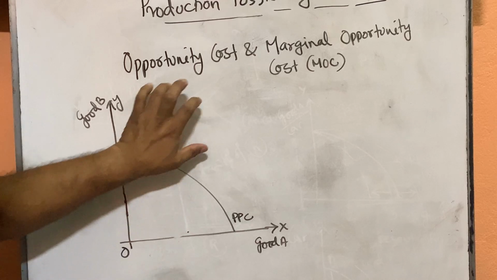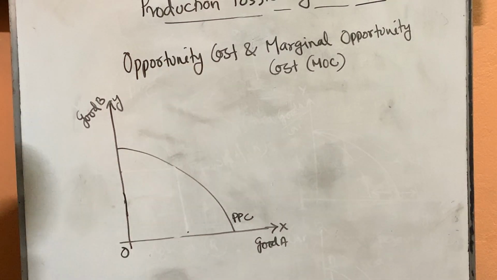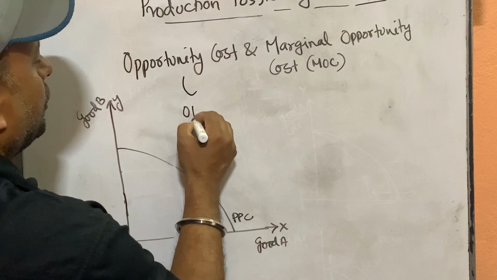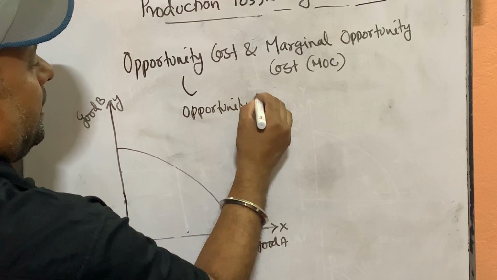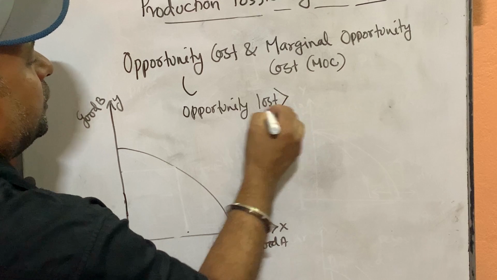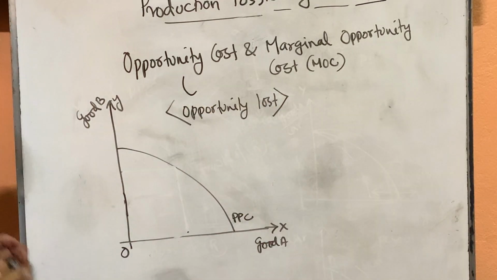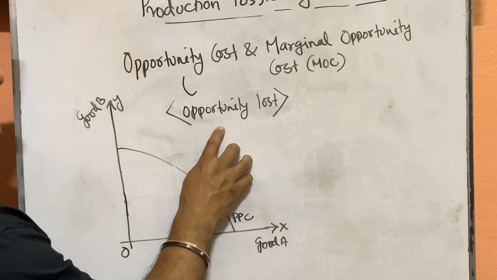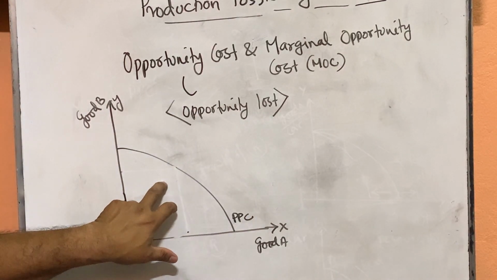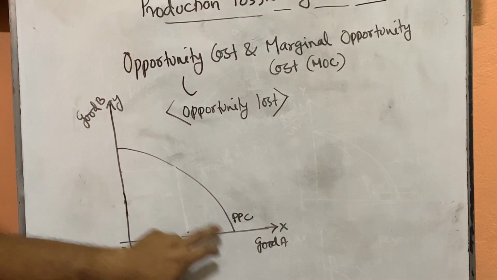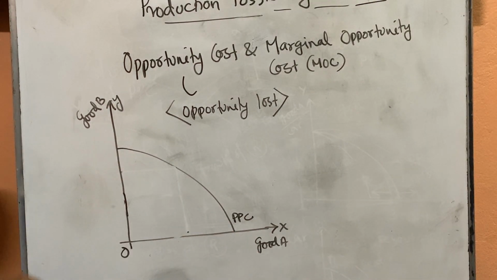Okay, now opportunity cost. Opportunity cost means opportunity lost. Opportunity lost means the cost of the next best alternative which we are sacrificing to increase the production of another good. Okay, suppose good A and good B we are producing.